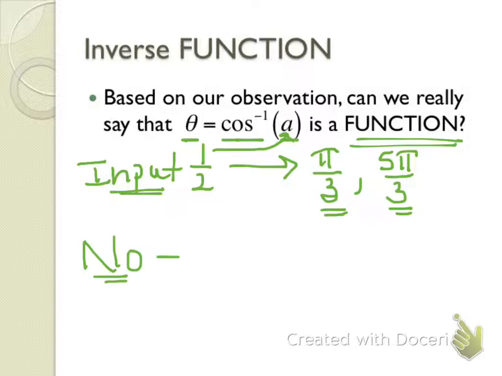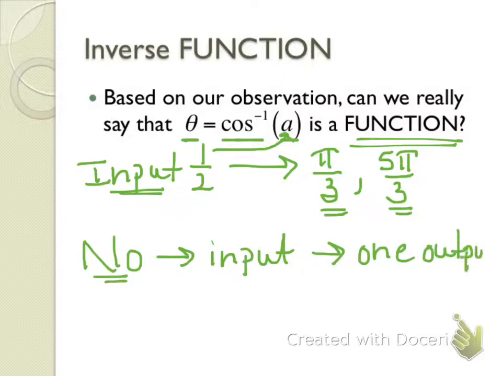The definition of a function says that one input value can only give us one output value. There's only one possibility that we can get as an output for any given input. And in this case, this one input gave us at least 2 different outputs. So as it is, this is not a function.